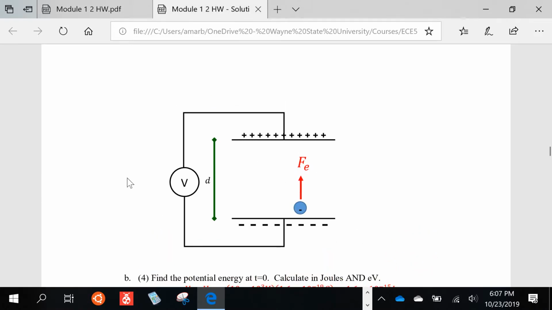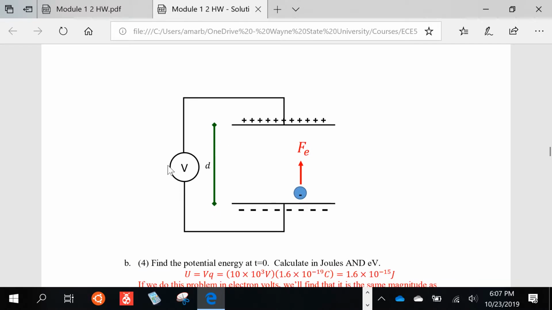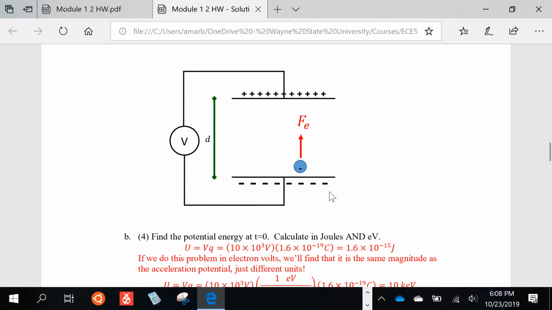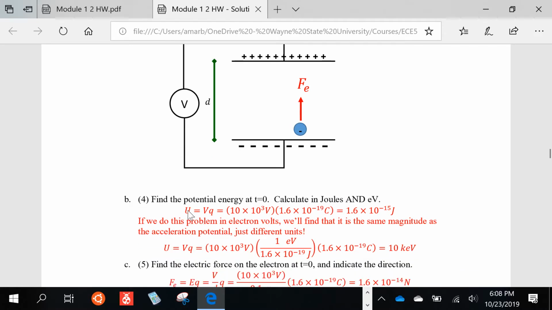All right, so this was just to get everyone on the same page. In number 5, you have a parallel plate capacitor with a distance d, and you place a negative charge here, and because the electric field is pointed from top to bottom, this particle is going to get accelerated towards the top. So David's question is about the potential energy.